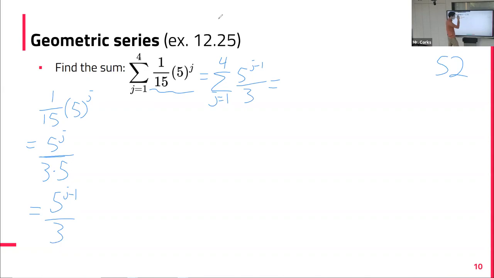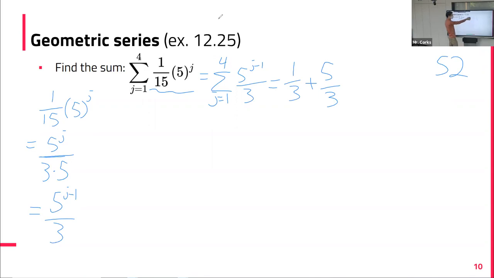So what is our first term? Just 1? This over 3 is going to have to be there somehow. 1 over 3. So 5 to the exponent j minus 1, so 5 to the exponent 0, that's 1, and then over 3 on the bottom. What's our next term? 5 over 3.